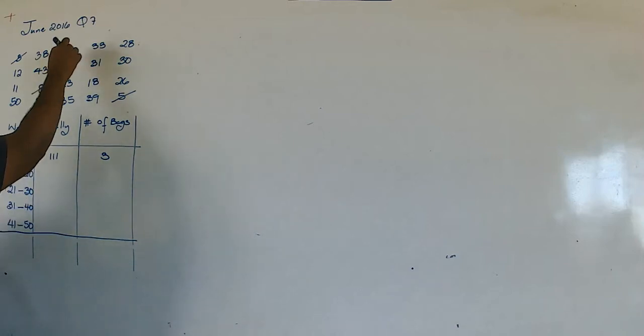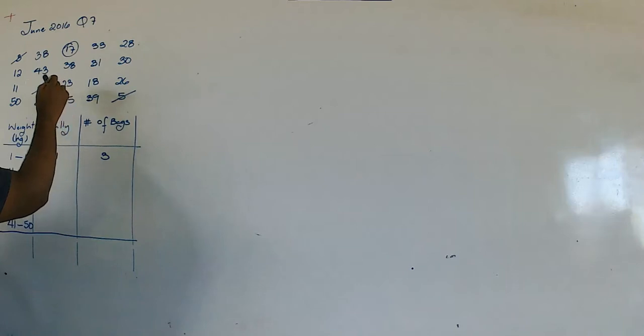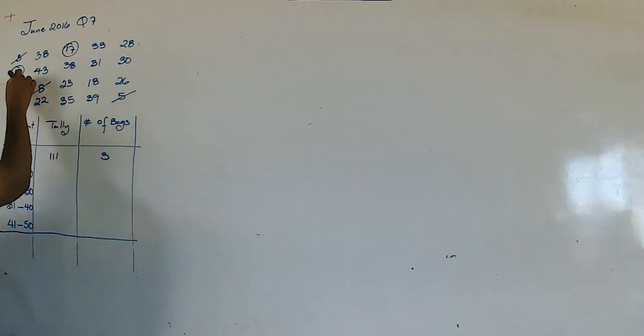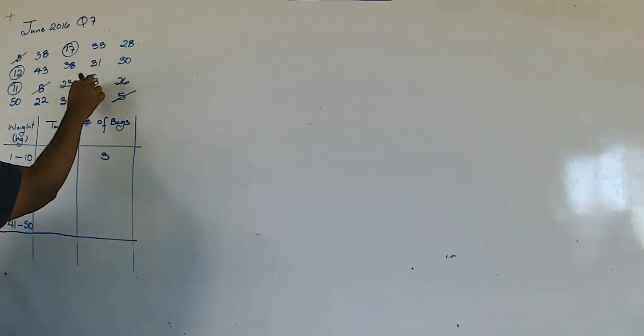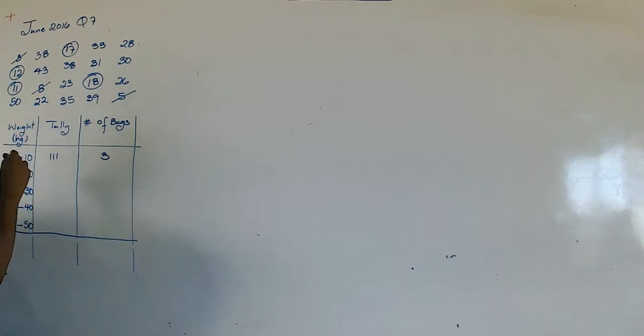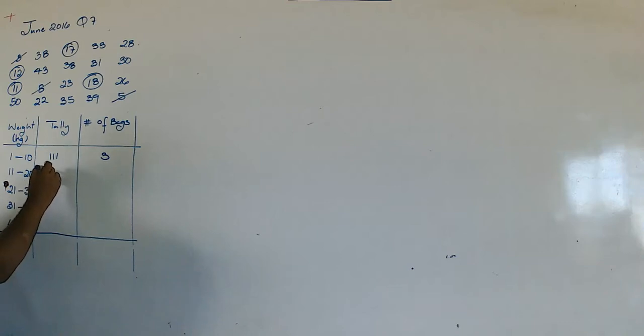Let's find them. 1, 2, 3, 4. Any more? No, sir. That's it? 1, 2, 3, 4. So 4.